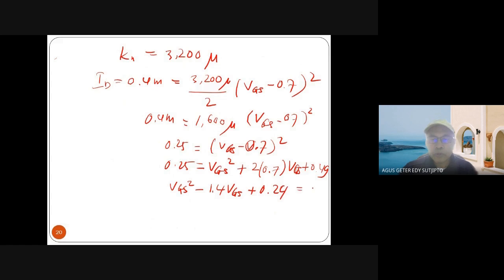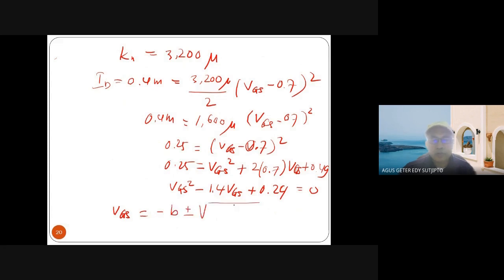So the ABC equation is VGS squared minus 1.4 VGS plus 0.24 equals 0. Then we can solve using the ABC equation.